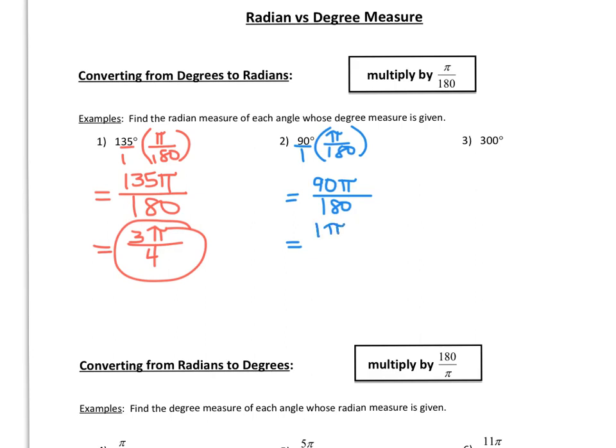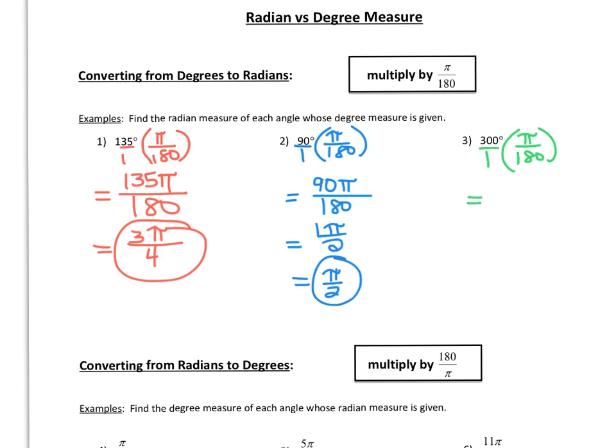Now, honestly, I normally don't put the 1 in front of the pi. It's kind of like instead of writing 1x, we normally just write x. So I'm going to rewrite this as pi over 2. Okay, so 90 degrees is equal to pi over 2 radians. Okay, and then in number 3, you do the same thing. You're going to multiply it by pi over 180.